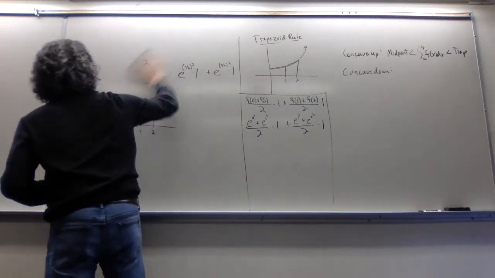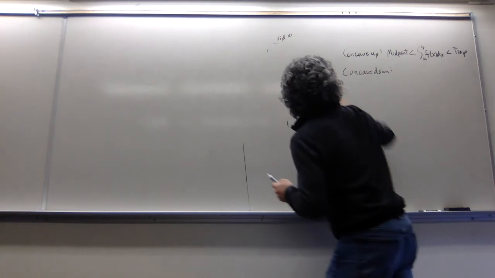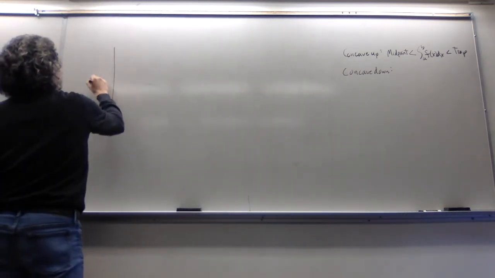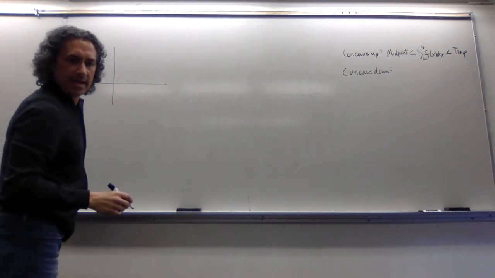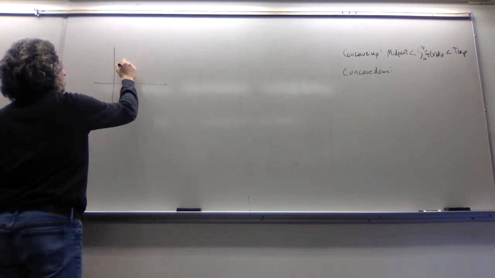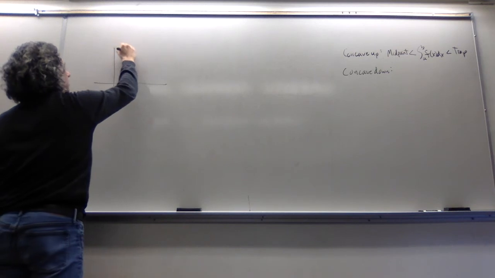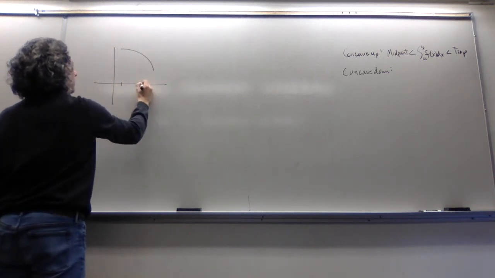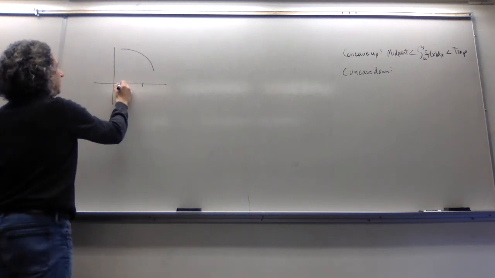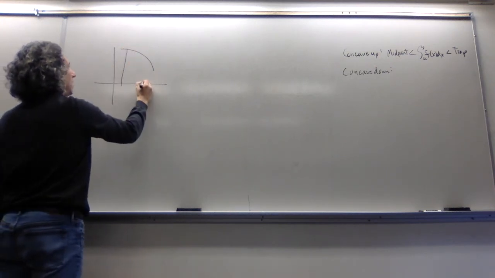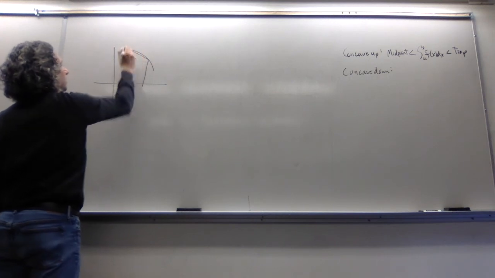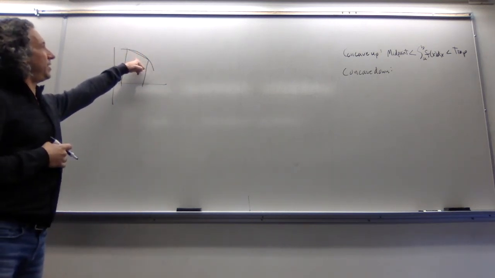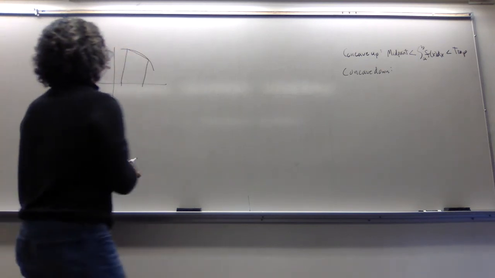So what if we are concave down? In this case, let me draw a picture. So let's say you've got from here to here, and if you drew a trapezoid, then hopefully it's clear that this guy is going to be an underestimate because we're underneath the curve.